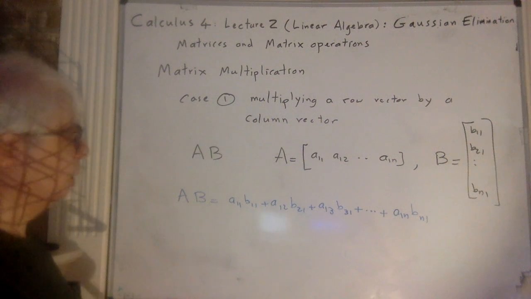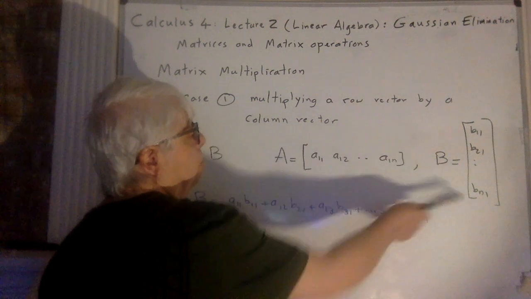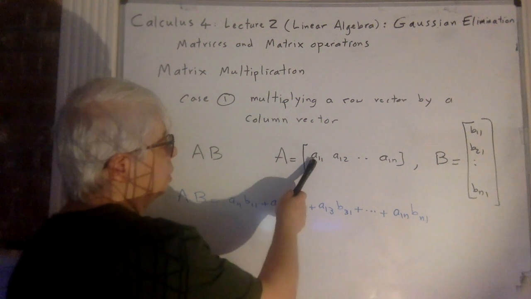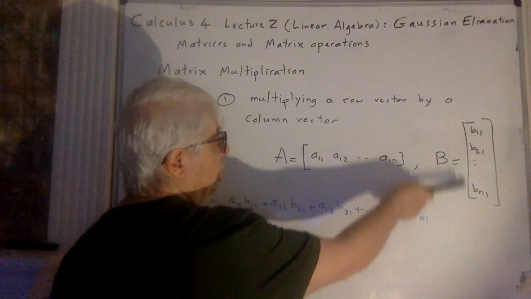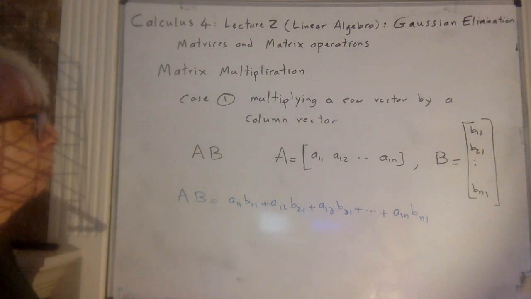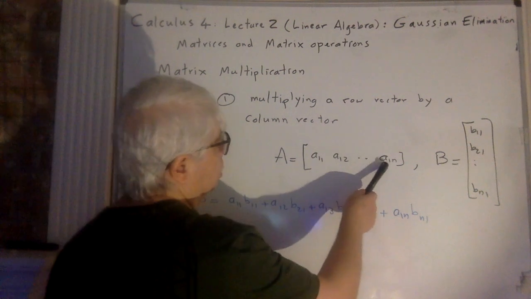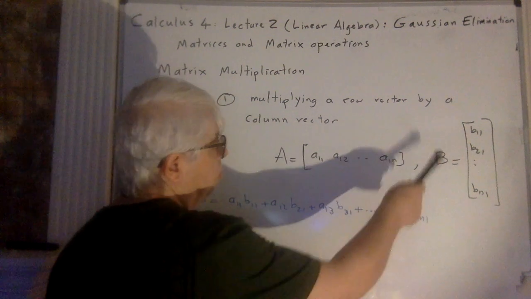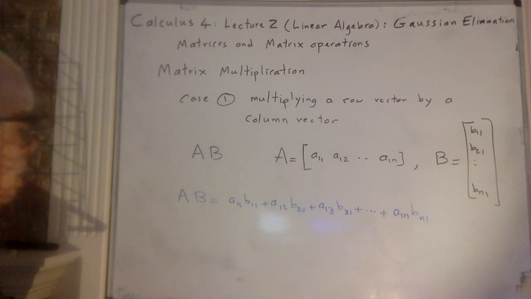Okay, now you can tell why I needed the same dimension here. Because this is multiplied by the first one, the second one, the third one. So if I have less here, then some of them are left without being multiplied by n. So this should have the same number of terms in a column. So that is A, B.